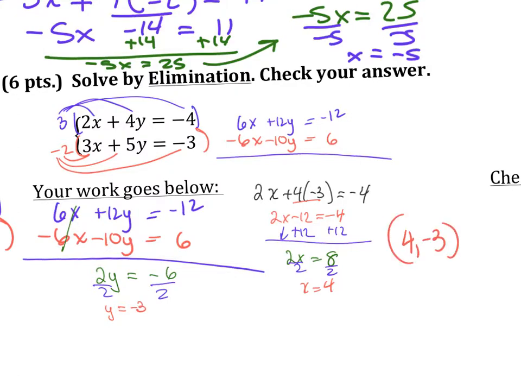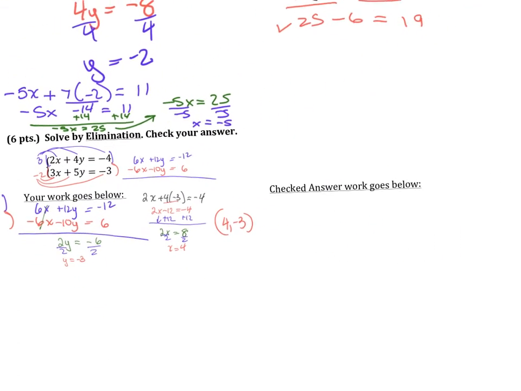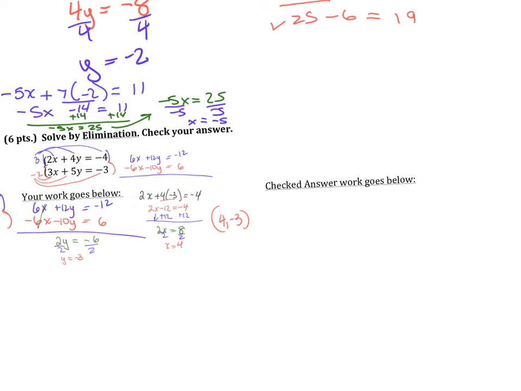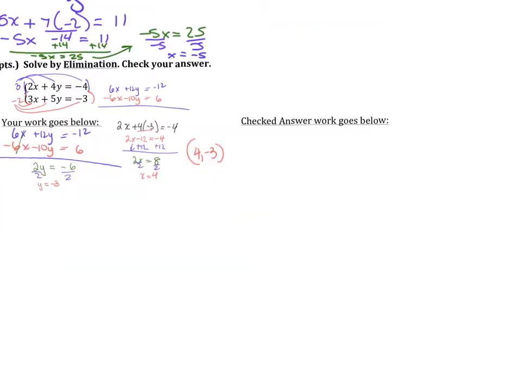But let's check our work to make sure it's correct. 2x plus 4y equals negative 4. 3x plus 5y equals negative 3.